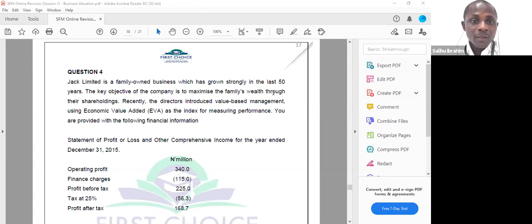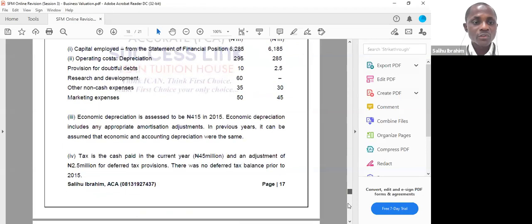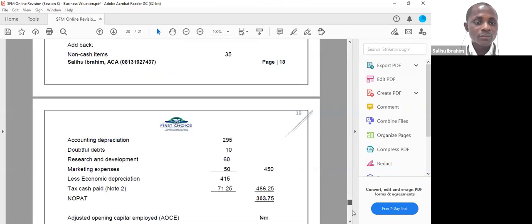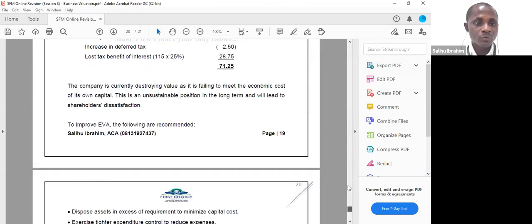Okay. Please, variable costs and fixed costs of operating expense are not correct. How are they not correct? Okay, let's go and check. We're told that the variable cost is 15% of sales.